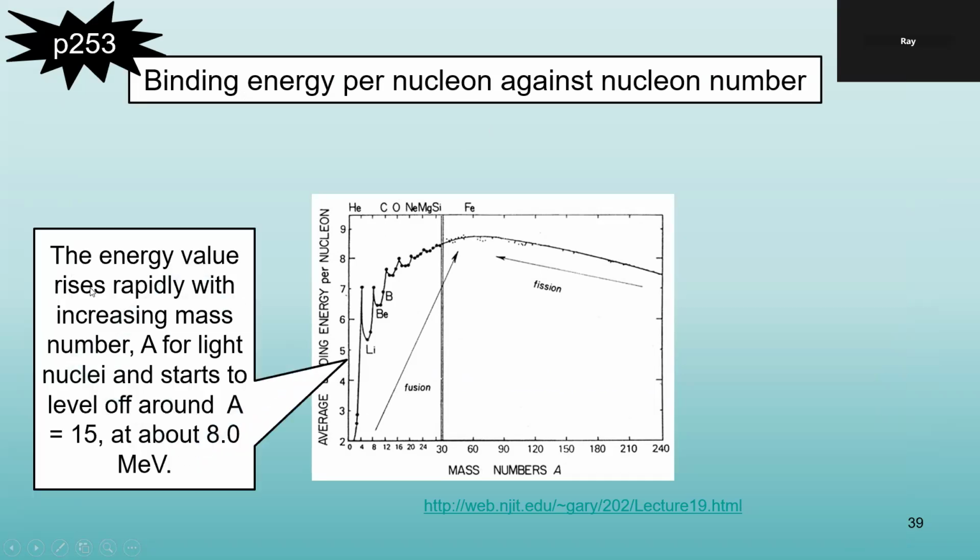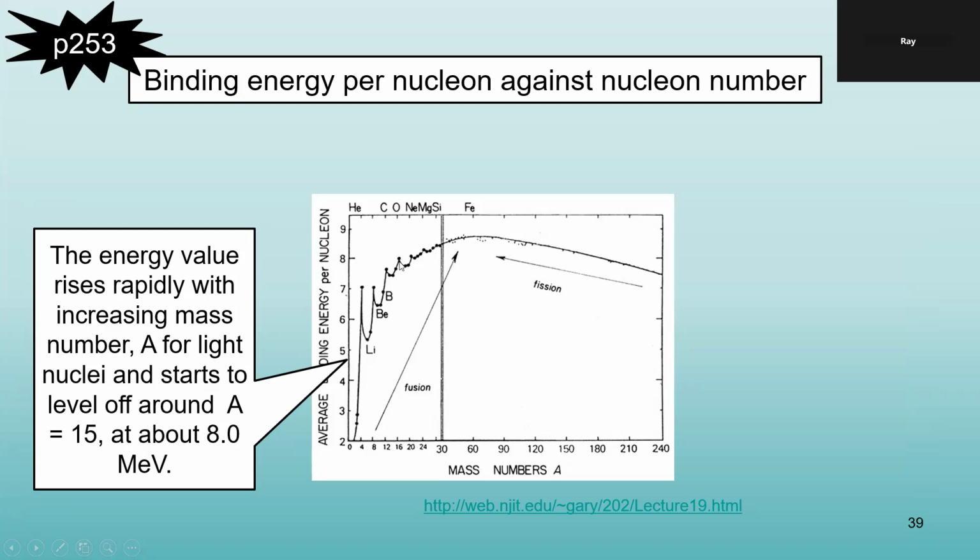The binding energy value rises rapidly with increasing mass number A, you can see from here, for light nuclei, and starts to level off at about A equals 15. A equals 15 is about here.